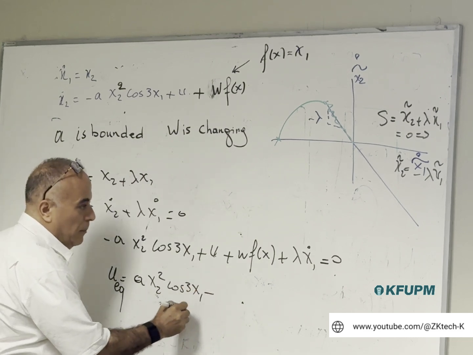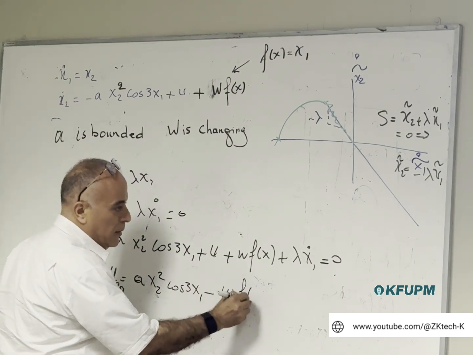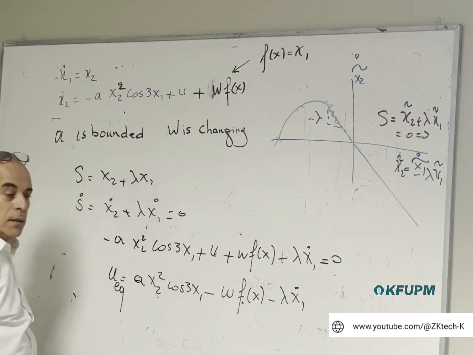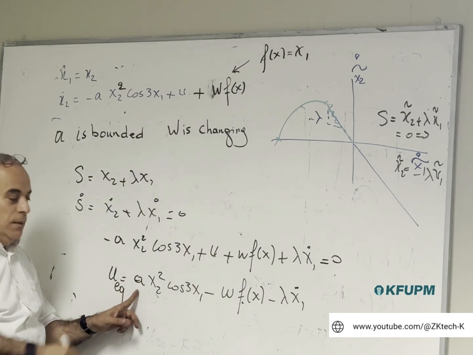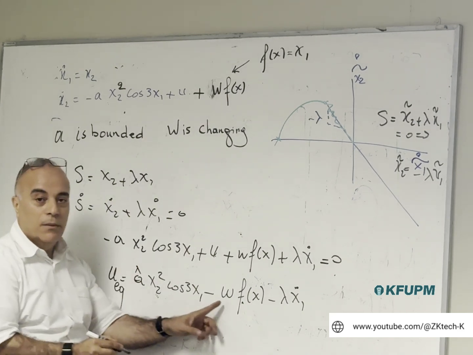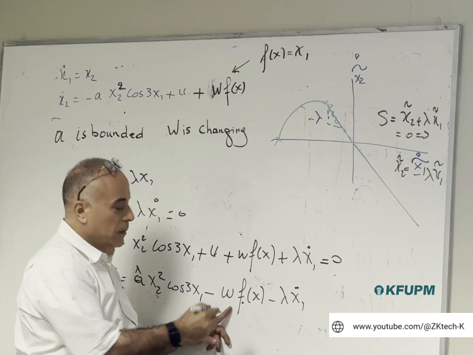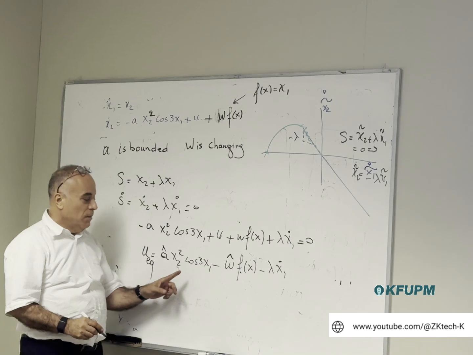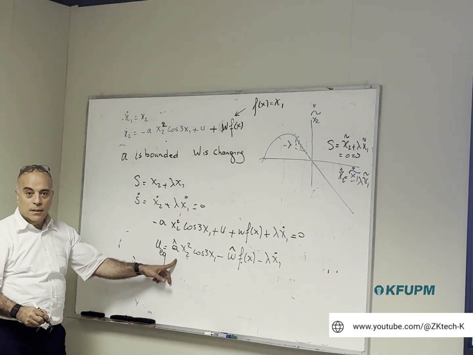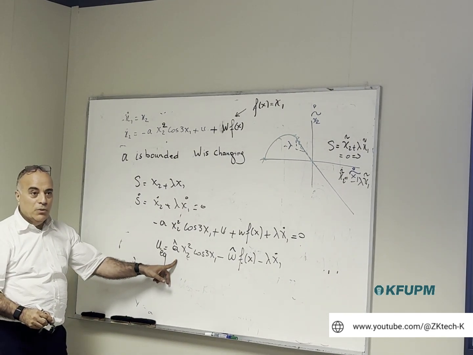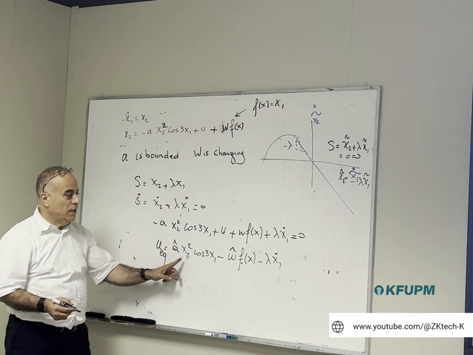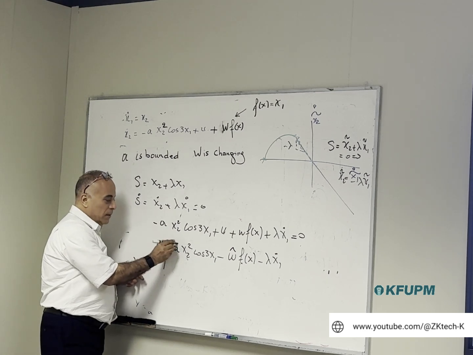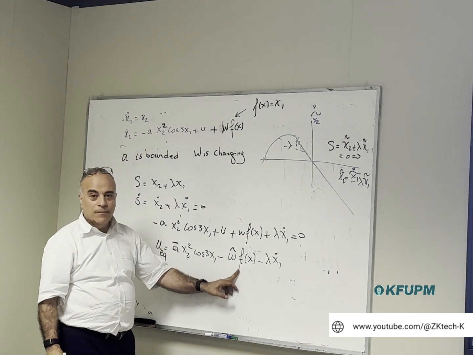Plus minus w f of x minus lambda x2, with W hat and A hat. A is not known. W is not known, changing. This one I can estimate, but this one is bounded. So usually in the literature, to differentiate between what we can estimate and what is bounded, we put A bar and W hat.